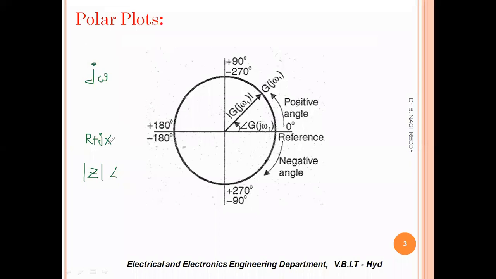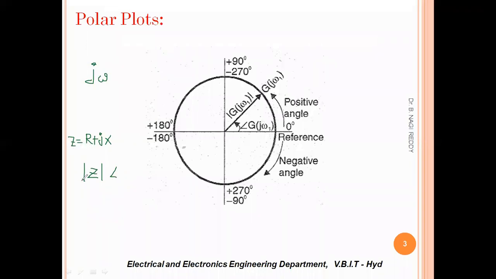So the impedance can be calculated in the polar form as mod of Z, where Z is R plus jX. So R plus jX is a rectangular form, the rectangular coordinate system.